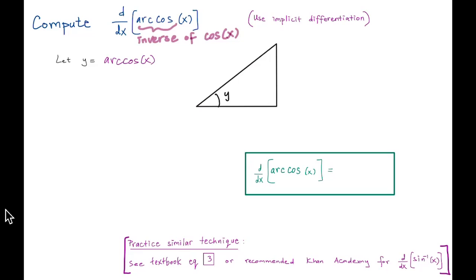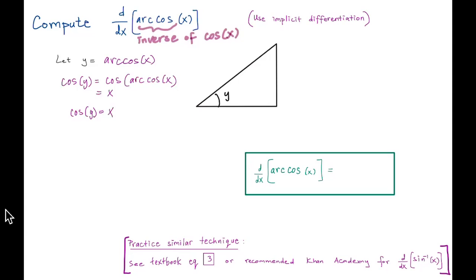And then because I want to work with cosine, not arc cosine, I will take cosine of both sides. And because arc cosine is the inverse of cosine, I have cosine arc cosine of x is equal to x. So cosine of y is equal to x.